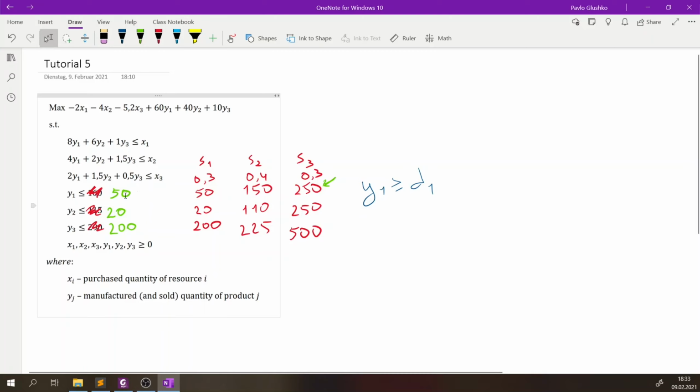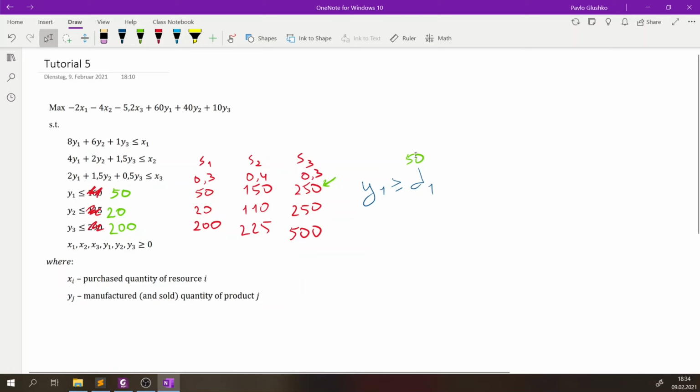So if I would choose 50, as I did for the less or equal constraint, this y1, according to our solution for this fat solution problem, would be at most 50.